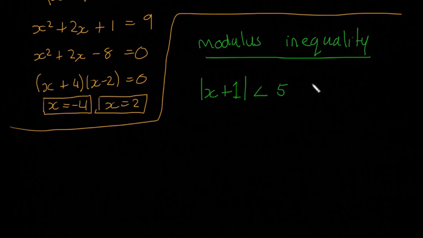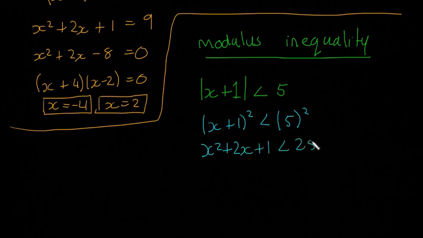We do the exact same thing: square both sides to get rid of the modulus, and then continue as normal. So it's x plus 1 squared is less than 5 squared. So we have x squared plus 2x plus 1 is less than 25. Then x squared plus 2x, move the 25 over, minus 24, is less than 0.